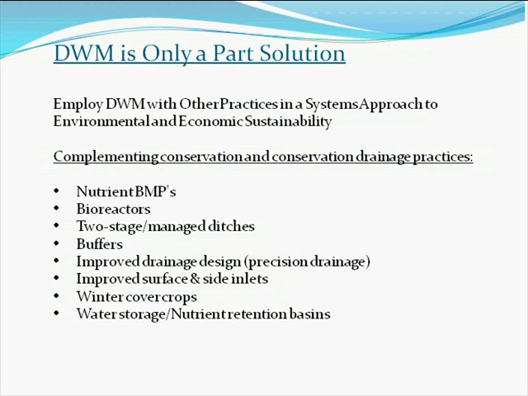So the concept is as long as we can hold back the water and we can hold back the nitrogen, we create the environment for either the nitrate to be denitrified or to be consumed by plants and vegetation. Buffers, improved drainage design or precision drainage obviously would be helpful, winter cover crops, and water storage or nutrient retention basins.